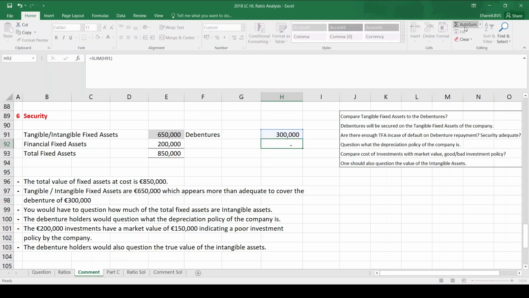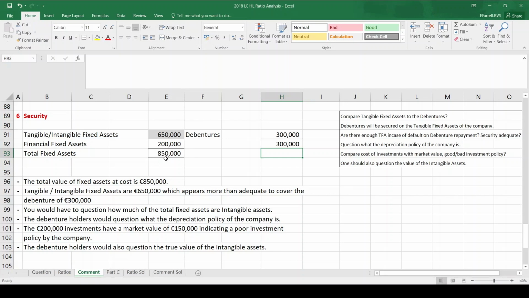So basically what we're looking at is, if the company cannot pay back the loan, do they have enough assets that the debenture holders can take instead of the loan, which it looks like they have here at the moment. Because if the debentures were 300,000 and they had only 100,000 in assets, then if they defaulted on the loan, there wouldn't be enough assets to cover it. So the total value of fixed assets at cost is 850.